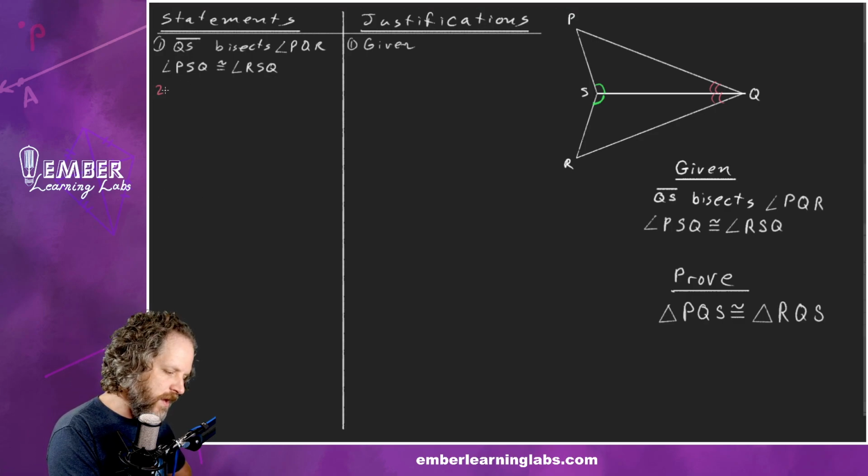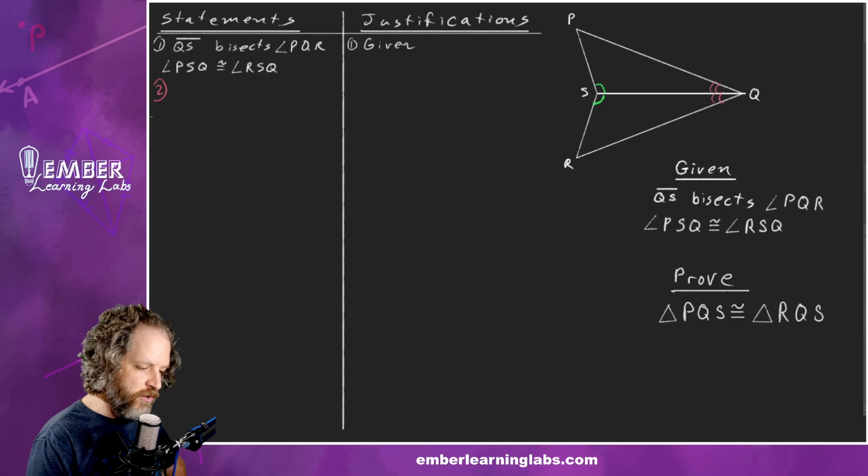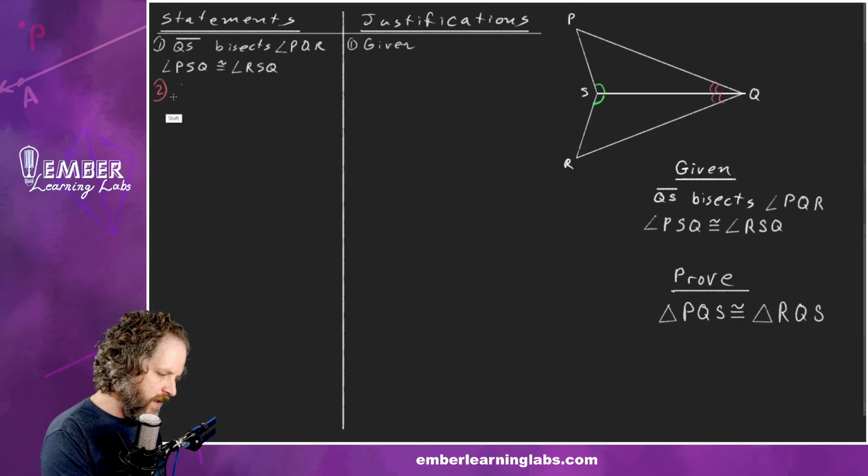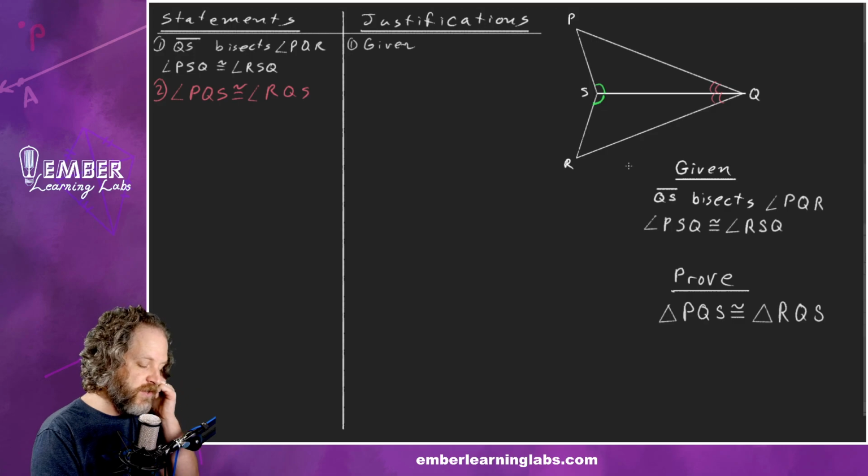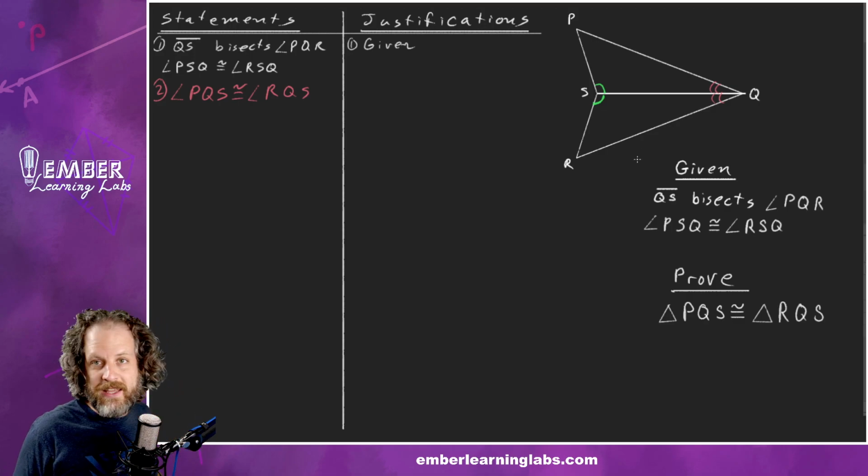So on step 2, we can say that angle PQS is congruent to angle RQS. So that's these two. All right, so can we see the path forward?